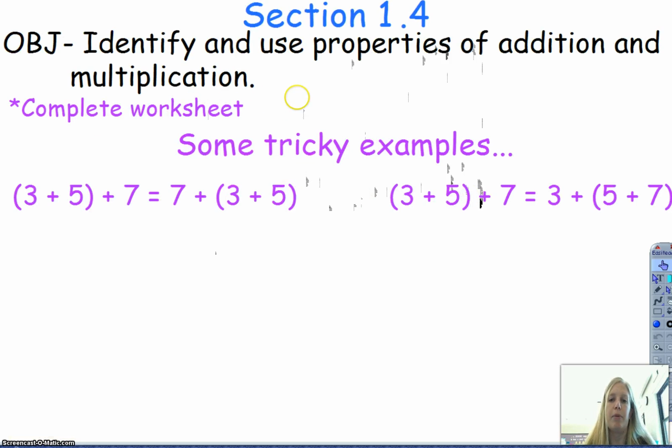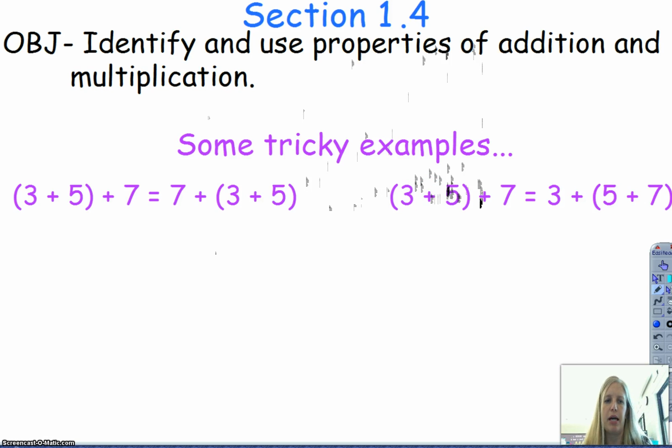Some tricky examples. Write down some tricky examples. Don't worry about the fact that it says complete worksheet. These 2 examples are tricky because you see parentheses and most kids write immediately, oh, parentheses, associative property. They look at the operation, they write addition. However, one of them is associative and one of them is commutative.